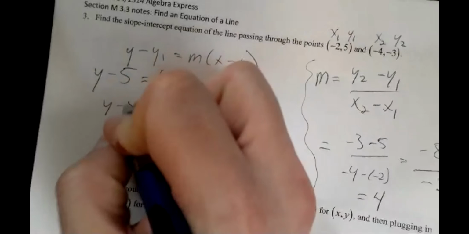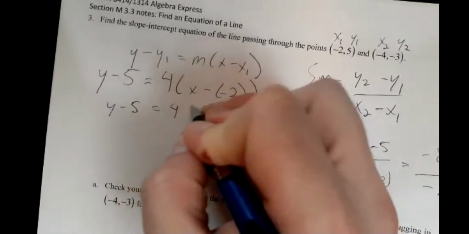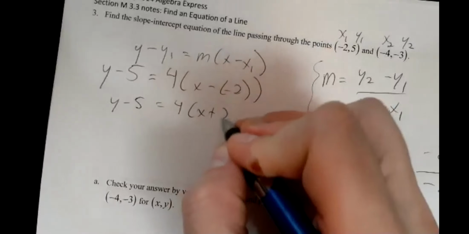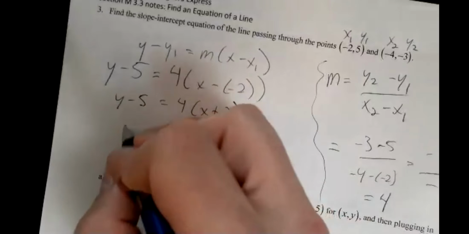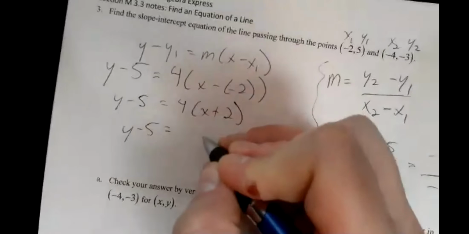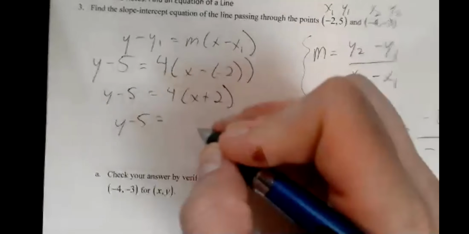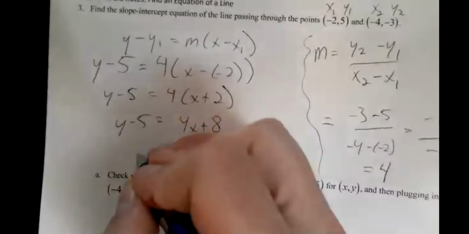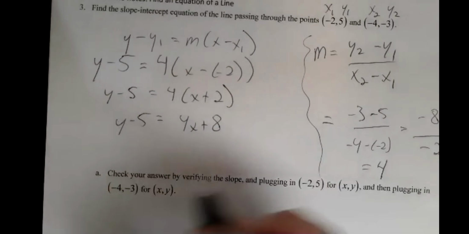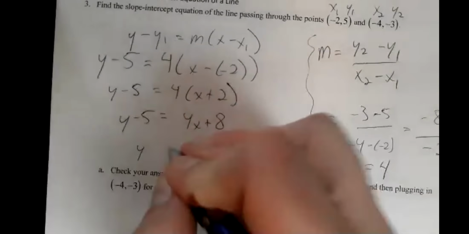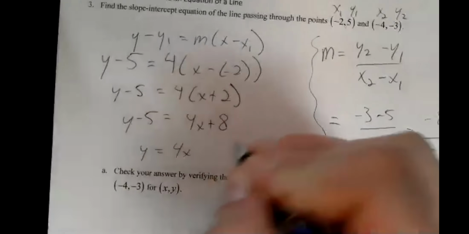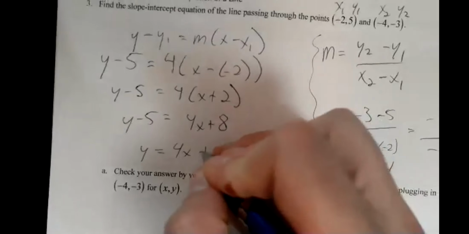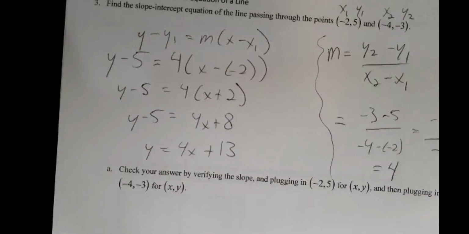This looks like y minus 5 equals 4, and I'm going to change this to x plus 2. So I need to do some distribution. y equals 4x plus 8. And now I need to add the 5 to the other side. So y equals what? 4x plus 8 plus 5 should give me plus 13.